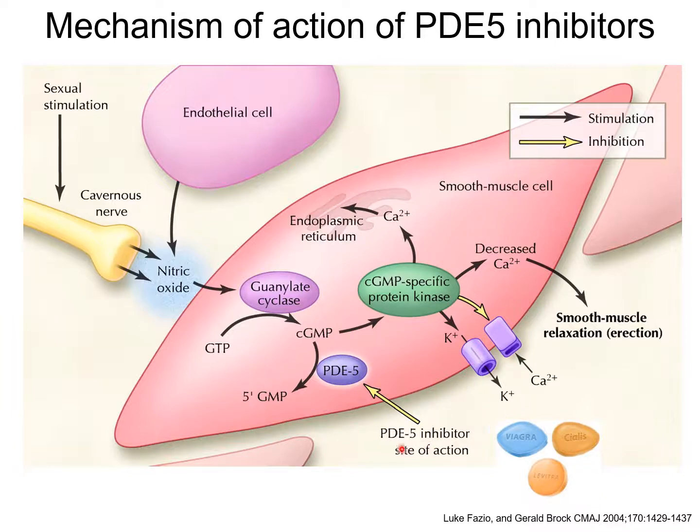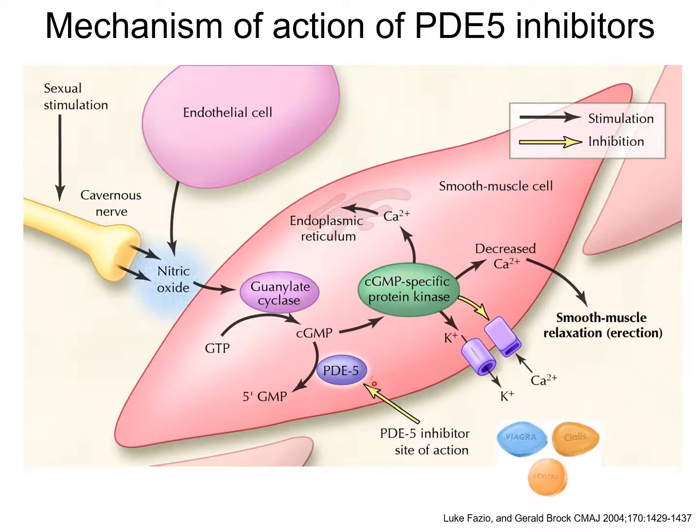So these are all PDE5 inhibitors, which you can see here. PDE5 degrades cyclic GMP to just 5' GMP. So you lose this activation of protein kinase G that then induces the smooth muscle relaxation.